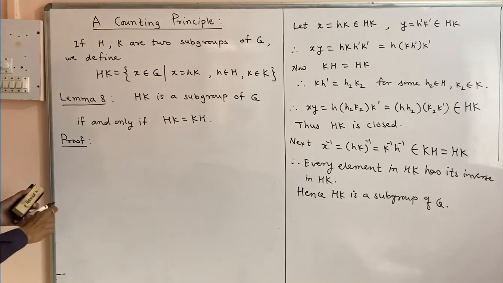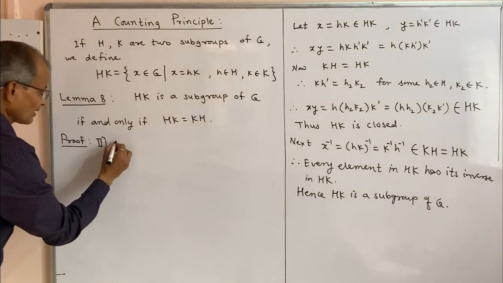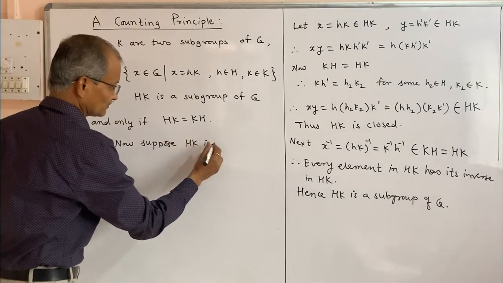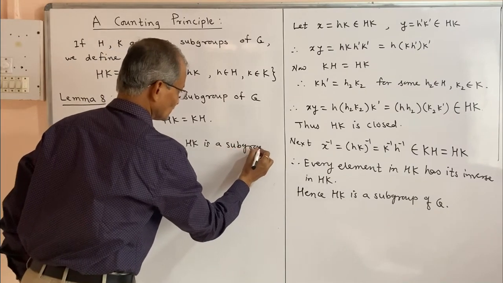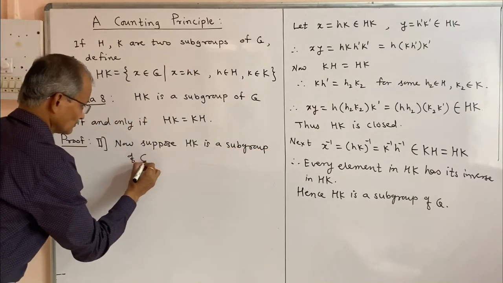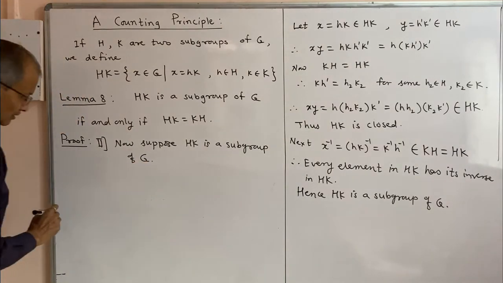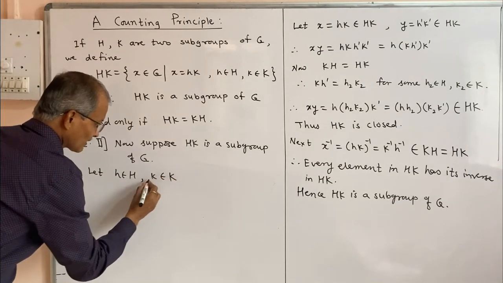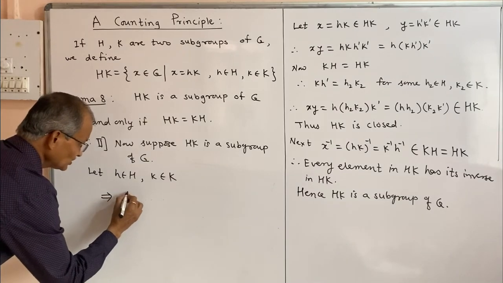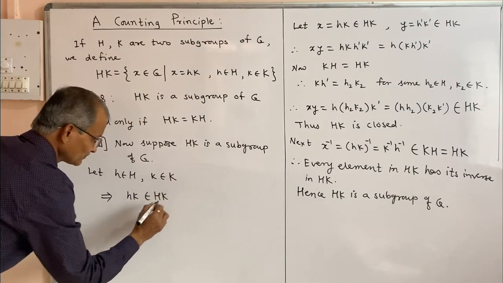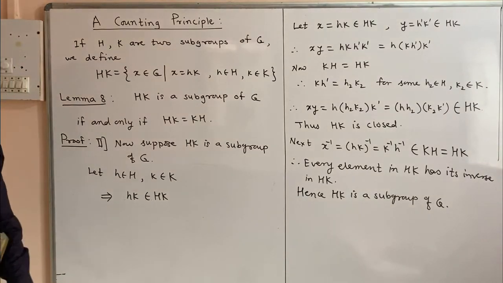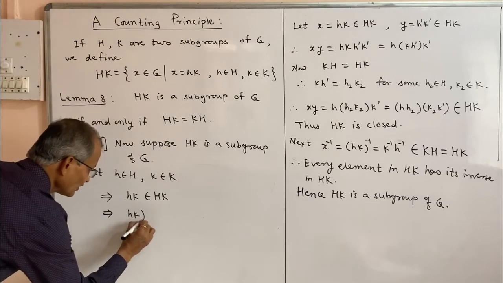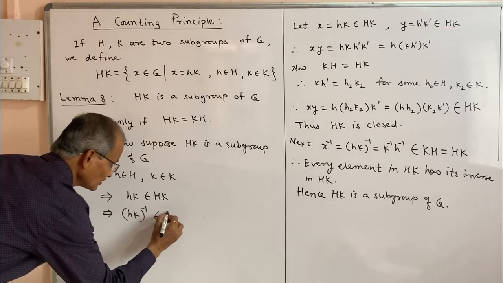So secondly, suppose now hk is a subgroup of G. Now let h belong to H, k belong to K. Then this implies hk belongs to hk by definition, and its inverse also belongs to hk. So the inverse of hk belongs to hk.